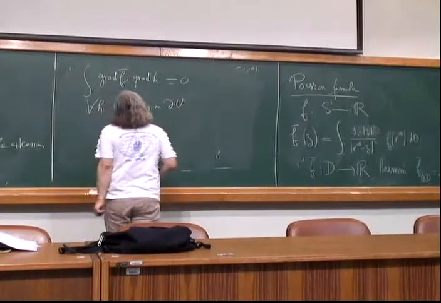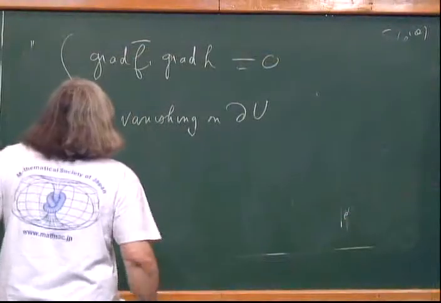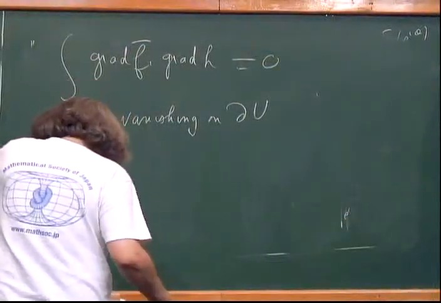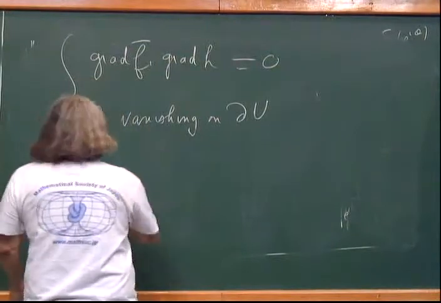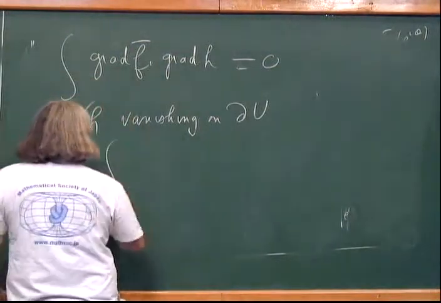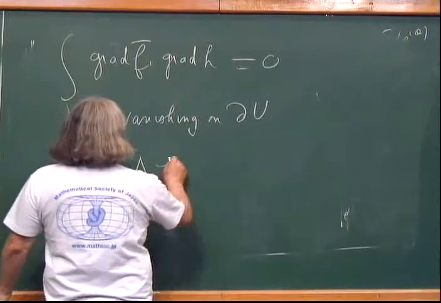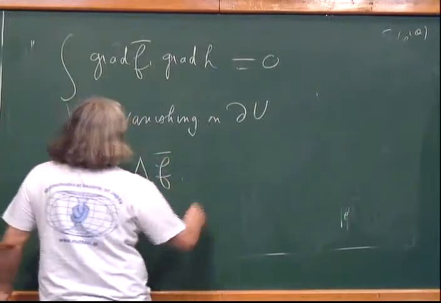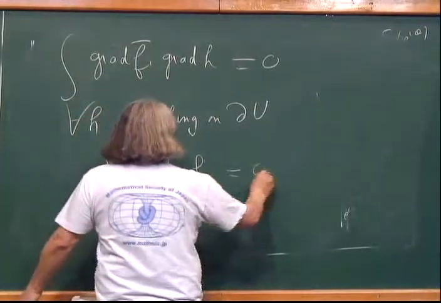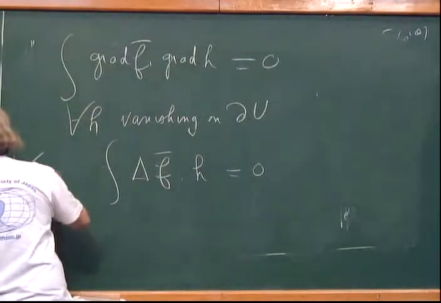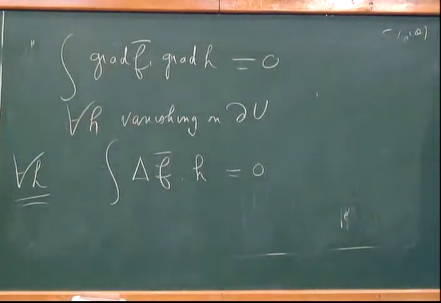But this, by integration by parts, or by Green's formula, whatever, is equal to the integral of the Laplacian of f bar times h, which is equal to 0 for every h vanishing on the boundary.